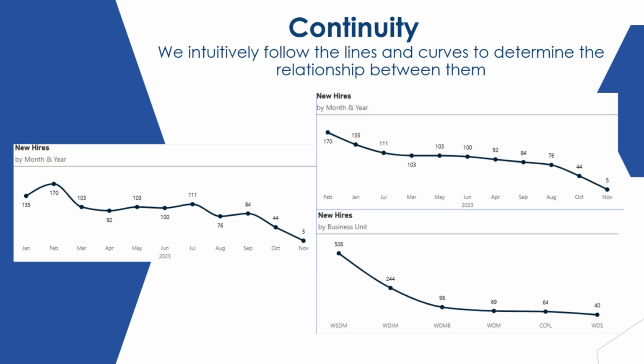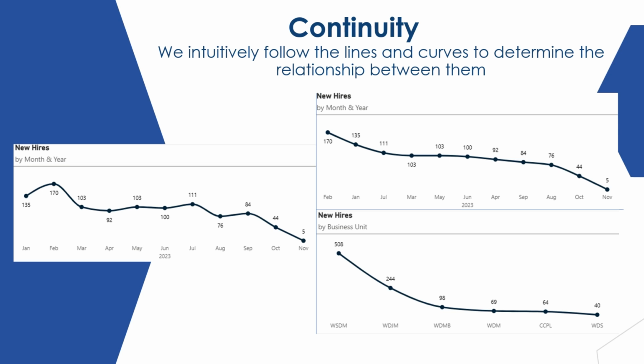This is what you can see on top right. And essentially the use of the line chart implies a sequential relationship in your categories. And when you're breaking this sequential relationship, it's becoming confusing to your users.